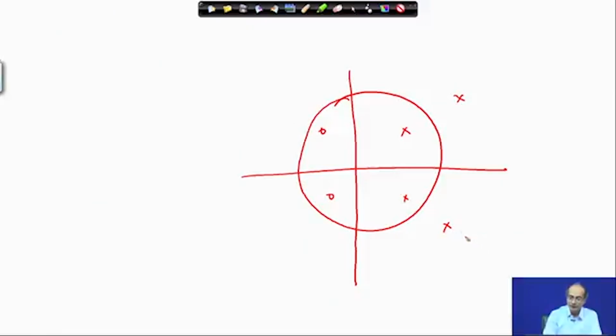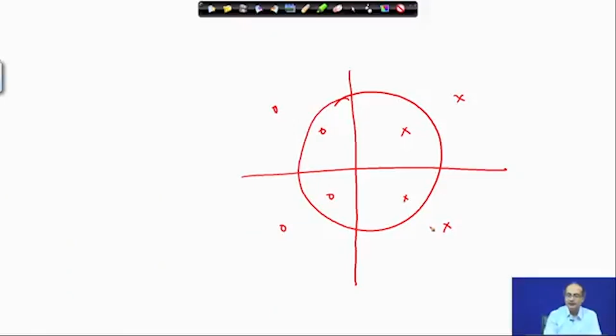Now, even if the poles are not outside, if the zeros are going outside, then it does not remain minimum phase. So long as all the poles and zeros are inside, it is not only stable, it is a minimum phase signal.